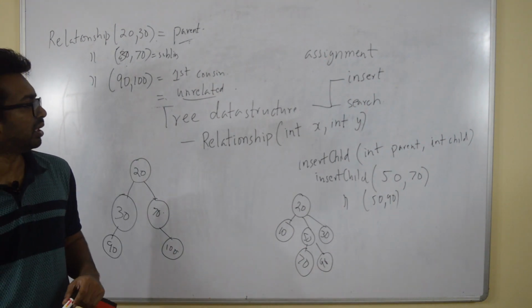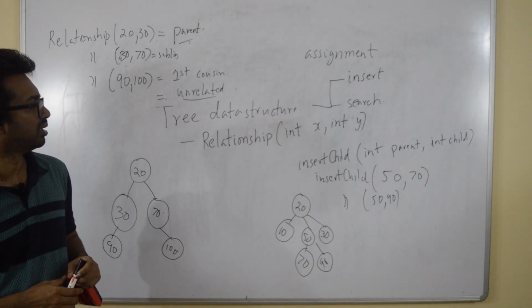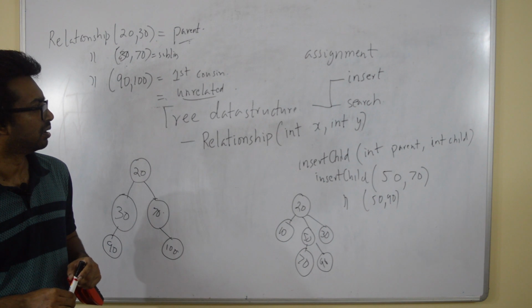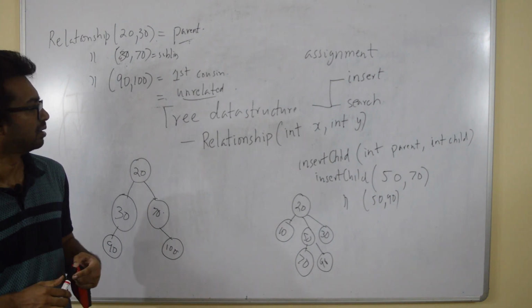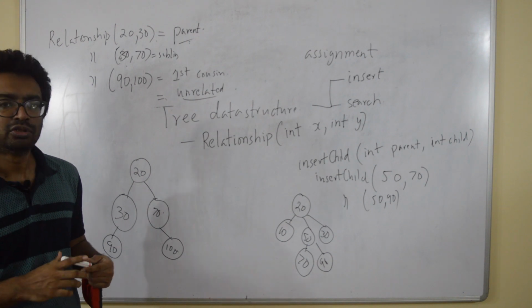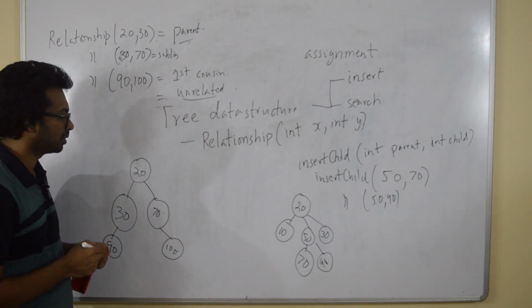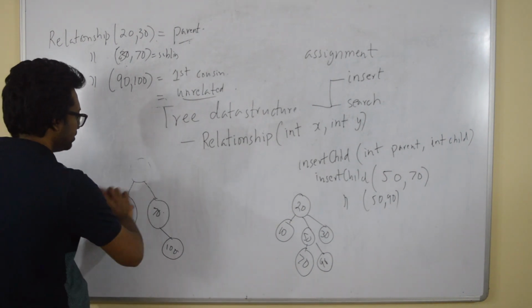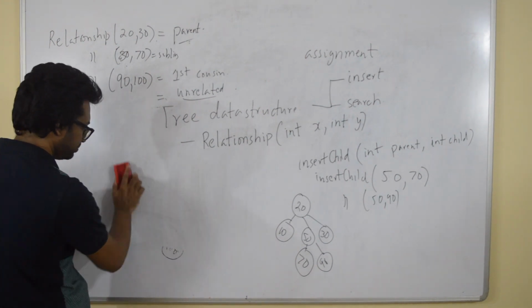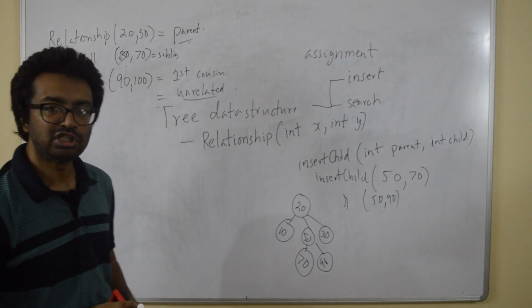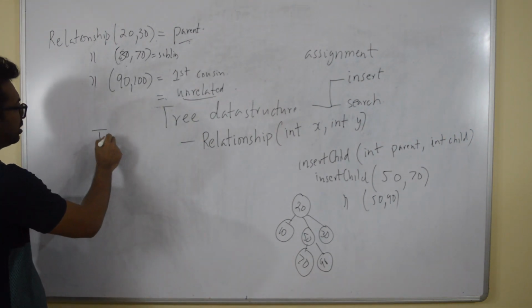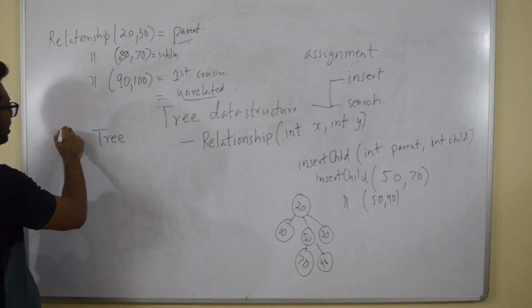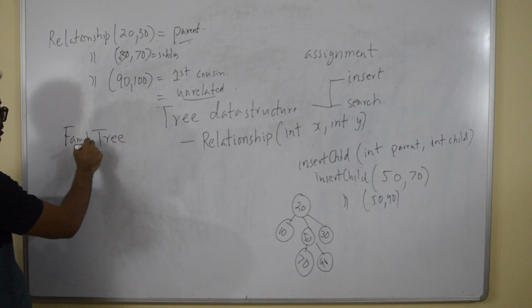So this is how it is going to be. Do the following in your main function. Your tree will be called family tree, and this will be your data structure.